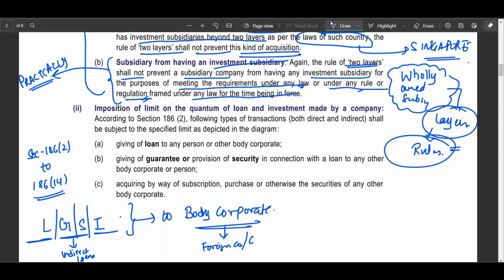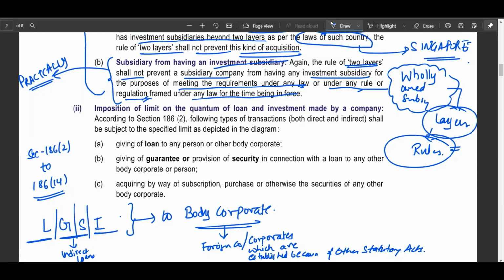And the corporates which are basically established because of other statutory acts, for example, a banking company. A banking company is established because of RBI Act or Banking Companies Act. So that is also known as body corporate.